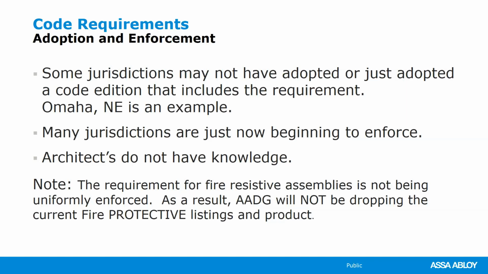And the other reason for that is we definitely do not want to put our distributors at a disadvantage if another company or hollow metal manufacturer is allowing the use of a fire protective product. It makes things a little bit more difficult, but from a marketing and sales standpoint, we definitely don't want to put our customers at a disadvantage to our competition.